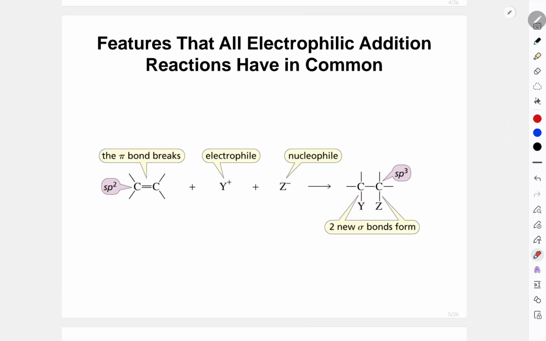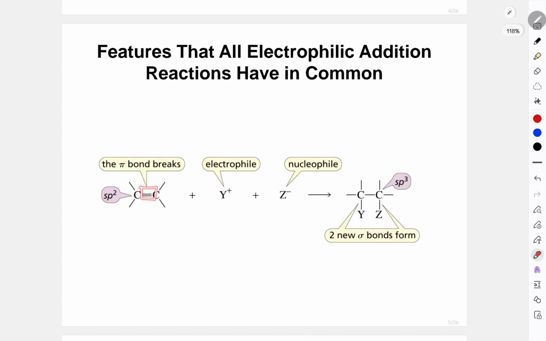There are some features that all electrophilic addition reactions have in common. This is a generalized formula. You have the olefin or alkene, and the pi bond there will be broken after addition type reaction. And you have, of course, the electrophile and nucleophile. In the previous slide, we dealt with an HX type molecule, and this hydrogen side is serving as an electrophilic center for the first step.